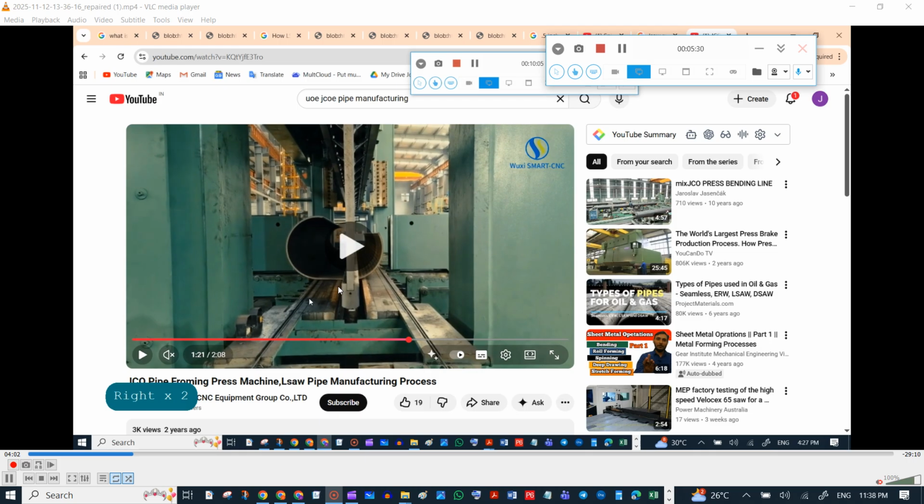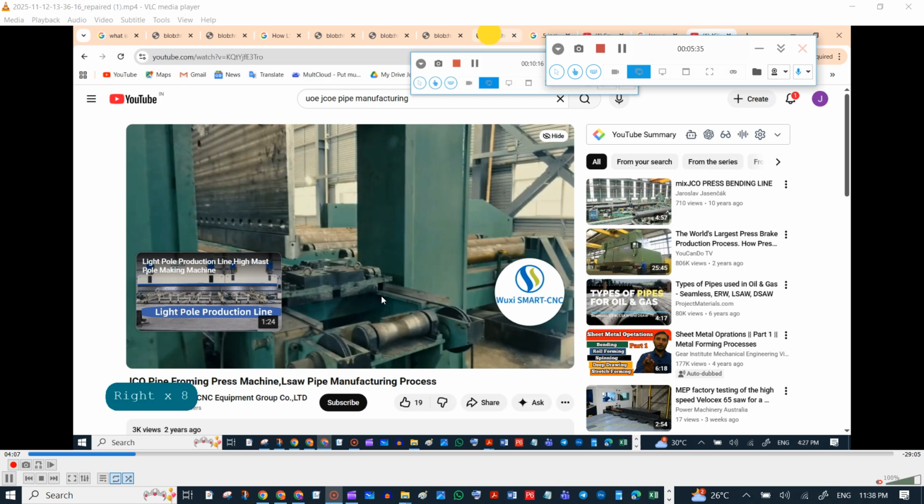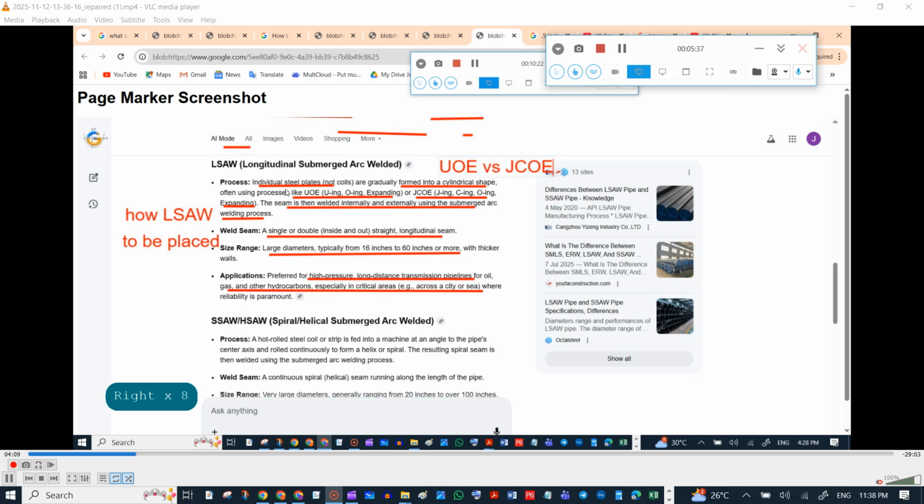After J-ing it is C-ing, then it is O-ing finally, etc. After this process is completed, it is welded internally and externally using the submerged arc welding process. So this is LSAW, longitudinal submerged arc welded pipe.